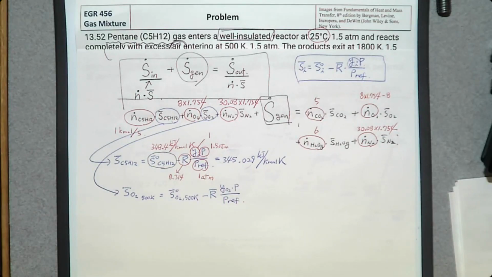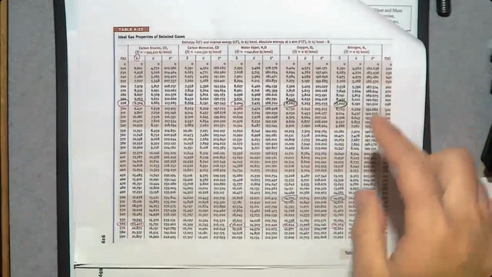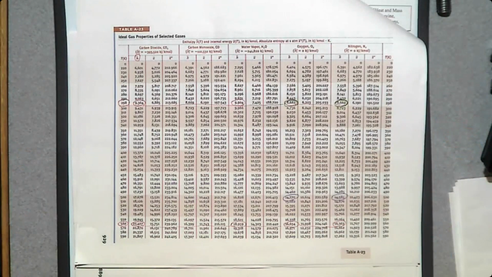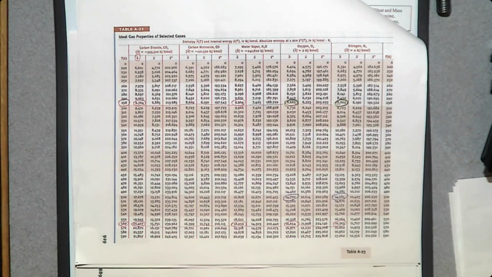Then, how do we determine this absolute entropy of oxygen? Table A23, at 500 Kelvin. Oxygen, and absolute entropy is the last column. What is the temperature? 500.